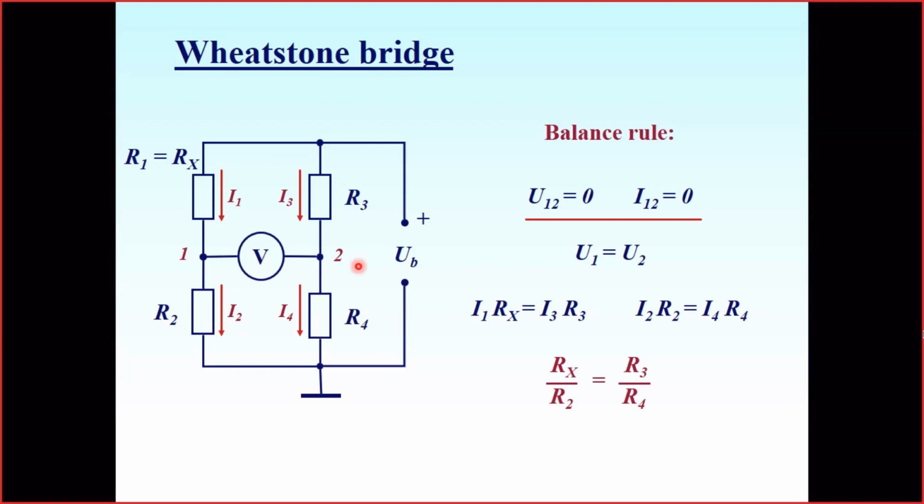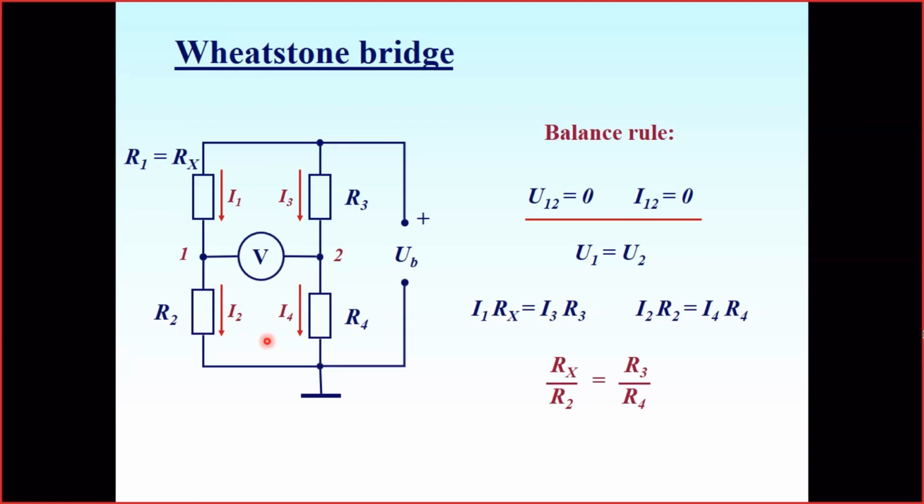So let's try to describe it. If these voltages are equal, both resistors R2 and R4 are connected to ground.